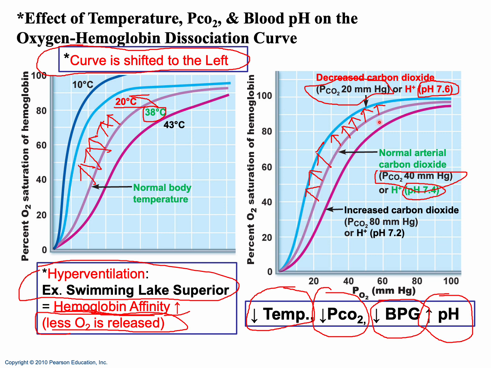Again, you'd start in the middle line here and go towards the blue line, shifted to the left. So an increase in pH from 7.4 to 7.6, and carbon dioxide gas going from 40 millimeters of mercury more towards 20, with also a decline in BPG levels.